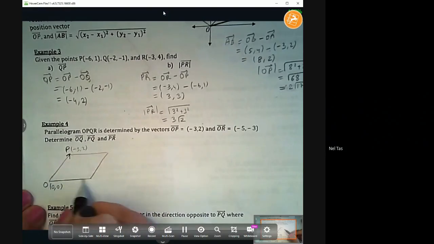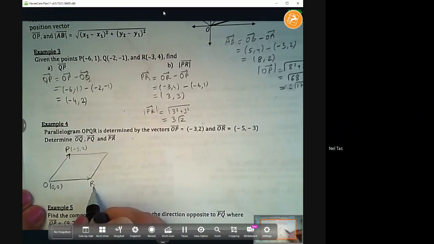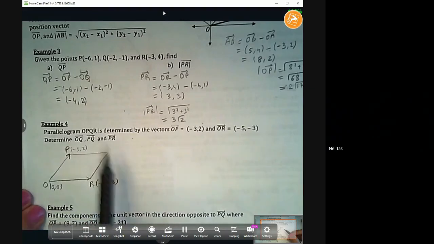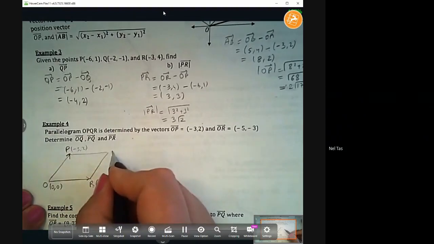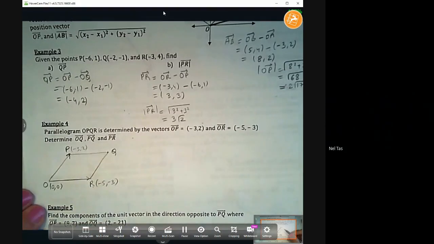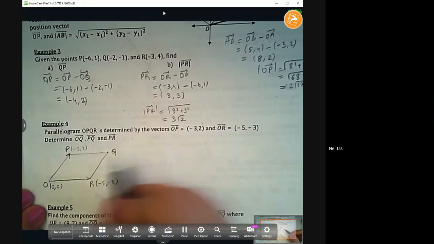And the other one that determines this parallelogram is OR vector. This point is R, (-5, -3). So if this is parallelogram OPQR, then I can name this vertex as Q point. Now what I need is OQ.